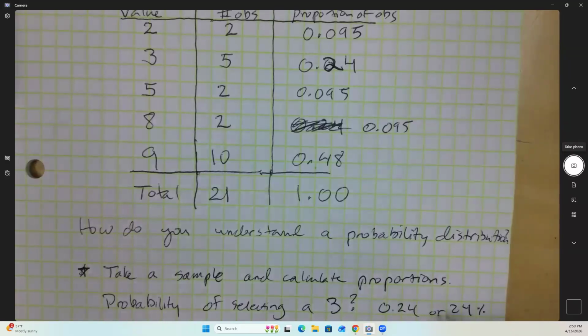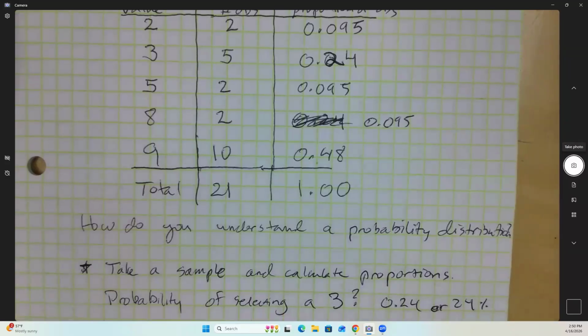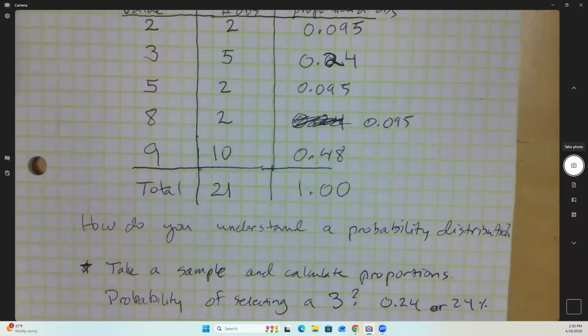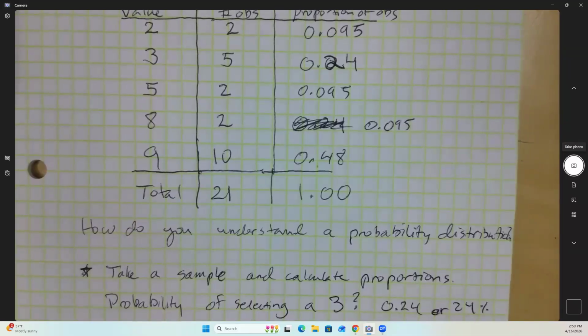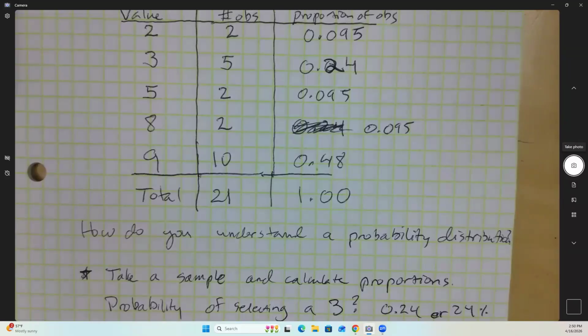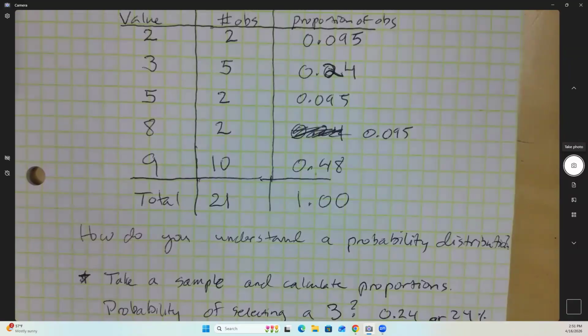I'm happy with either way of thinking about it. On occasion, your homework will be picky and want one or the other. And Hadley, why did you say 24%? Yeah, exactly. With a single sample, the proportion is the best guess for the probability.